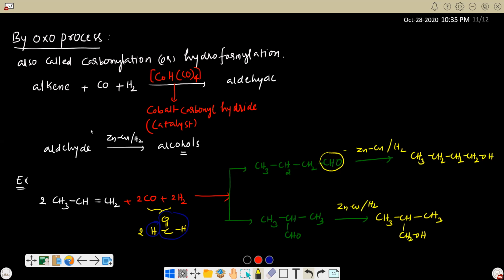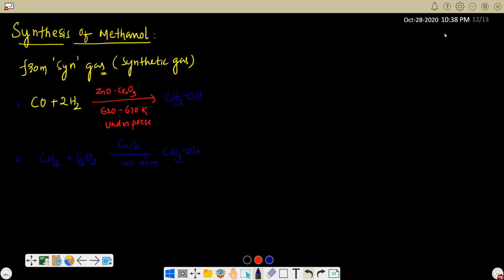So if you have any doubt, ask me. The mechanism is not required, just remember the oxo process like this. So there are two methods I have given for preparation of methanol. One is from syngas, the other is from methane.